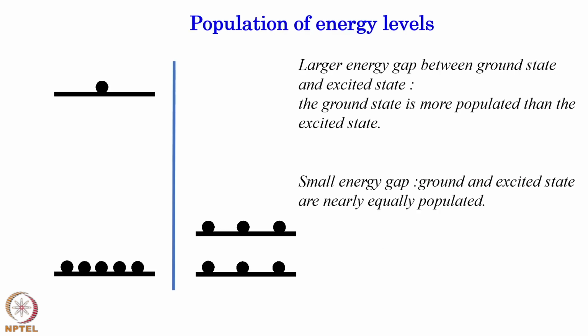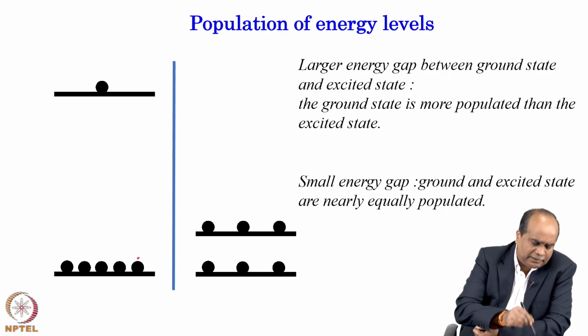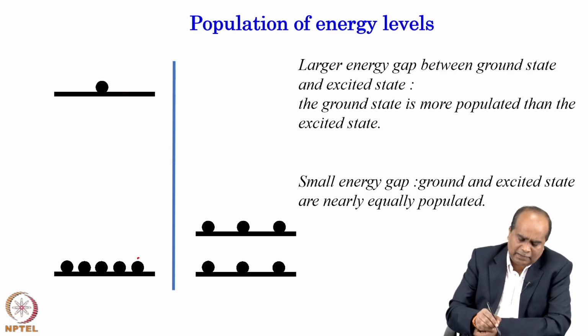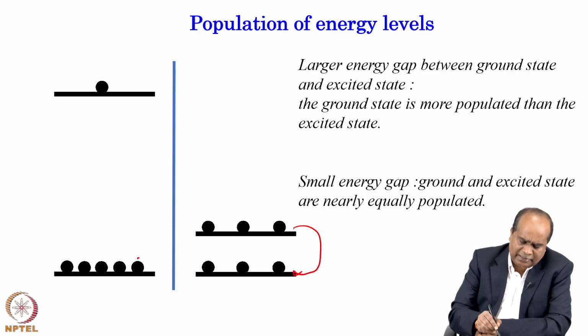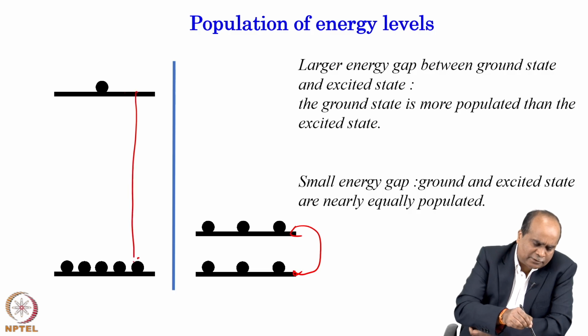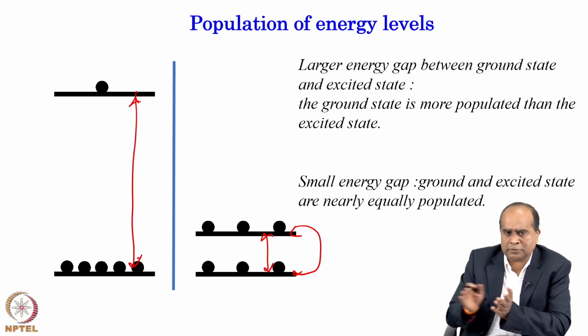So, the larger the gap between the ground state and excited state, the more population there is going to be in the ground state compared to the excited state. If the energy gap is not much different between the ground state and excited state, the population difference is also going to be very small, right. So, this is our electronic spectra, this is our nuclear spectra, that is the analogy you can have.